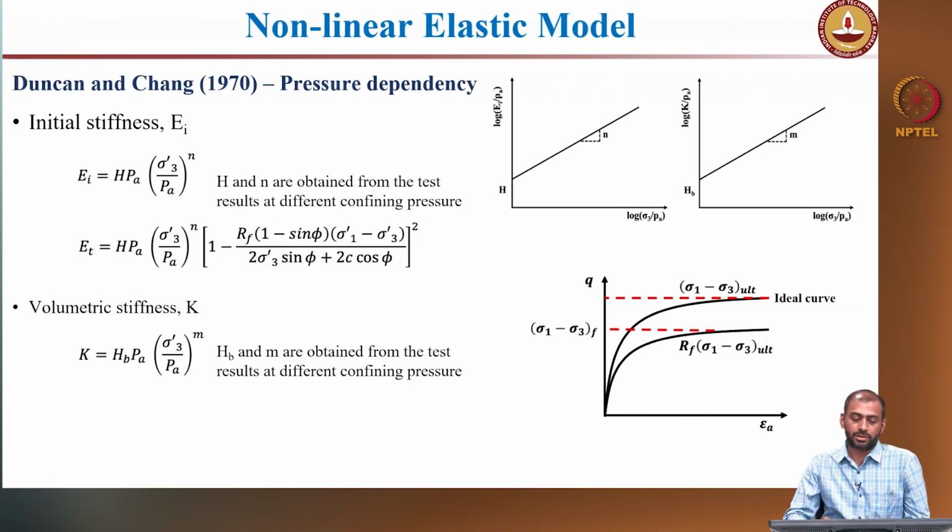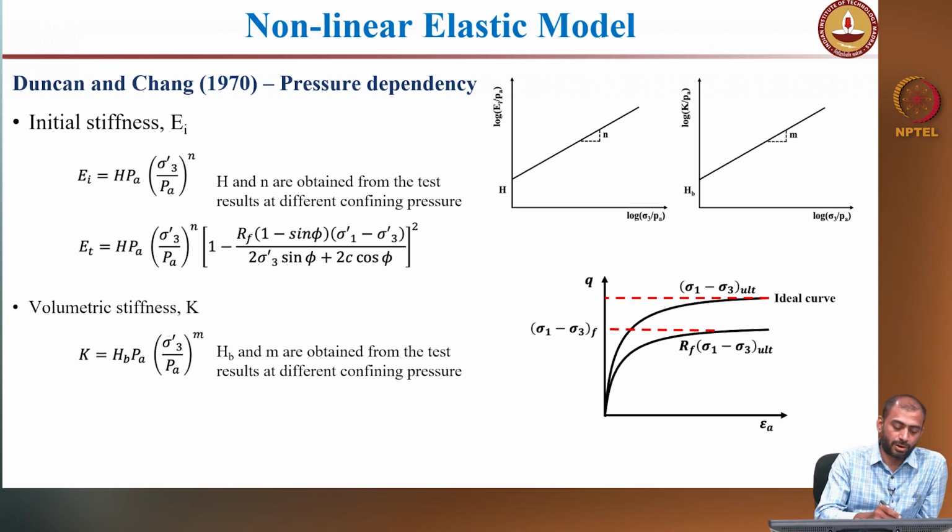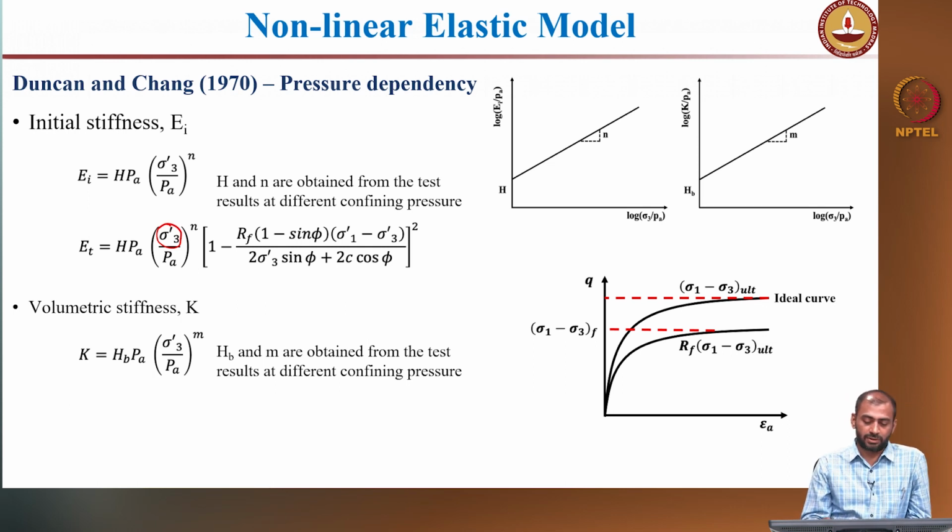So there come some of the non-linear elastic models. In 1970, Duncan and Chang proposed some pressure dependent models. They tried to modify the elastic stiffness, modeled based on the hyperbolic equation, and they brought in this pressure dependency sigma 3. So you have this equation, and you can clearly see that the behavior is non-linear.